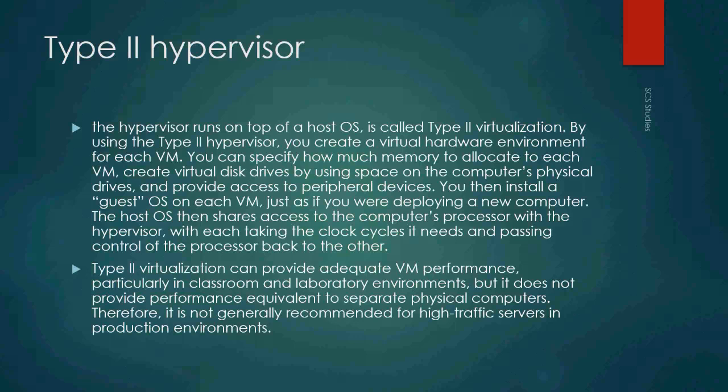So this is the basic keynote you have to follow while deploying any type 2 virtualization. Therefore, it is not generally recommended for high traffic servers in a production environment. This is why the hypervisor guest operating system requires dedicated memory, dedicated RAM, and dedicated hardware resources to perform better than a physical hardware computer.